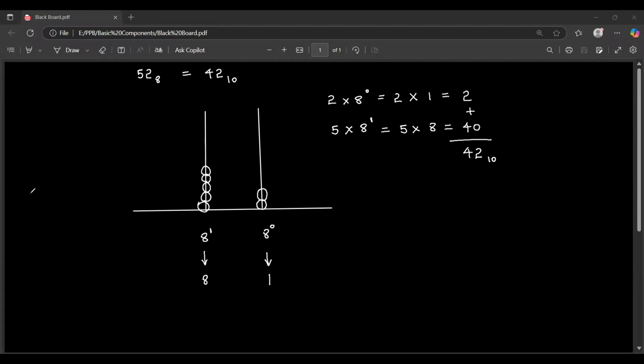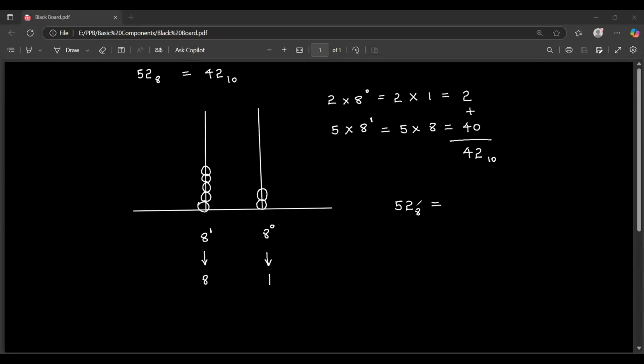That's it. Very simple. You can do this in multiple ways, as I explained earlier. For example, let's do 52 to the base 8 first.